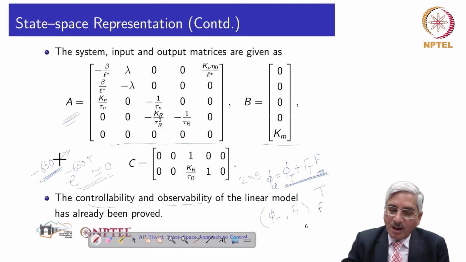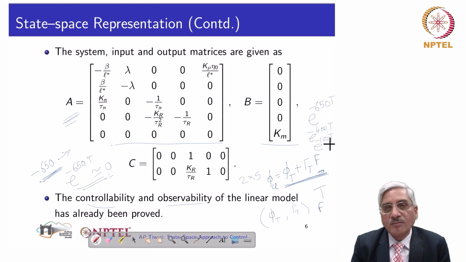But how much difference does one expect? e power minus 650t, e power minus 400t, e power minus 100t. To a good precision they are different, but if the precision is limited, all these quantities are close to 0 only. We have to keep this in mind.